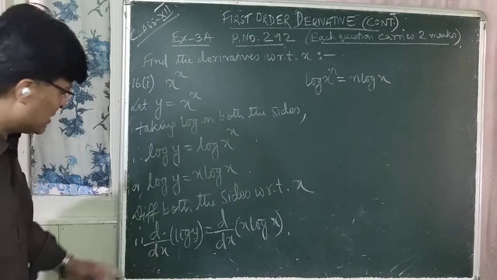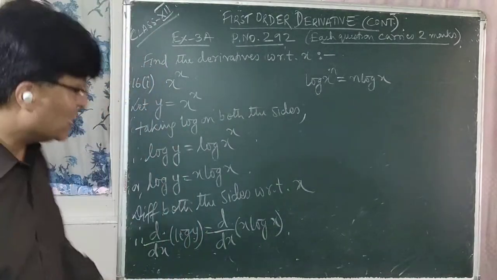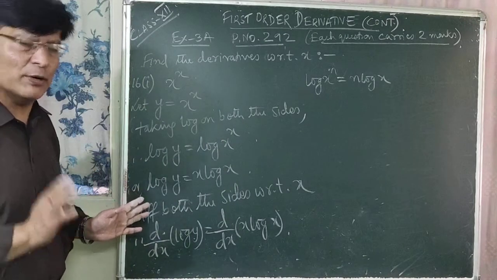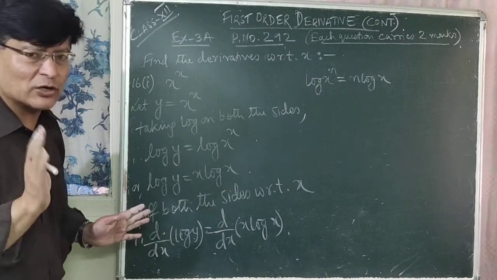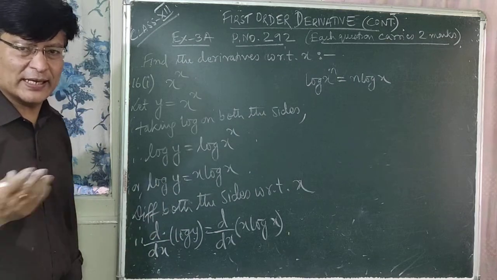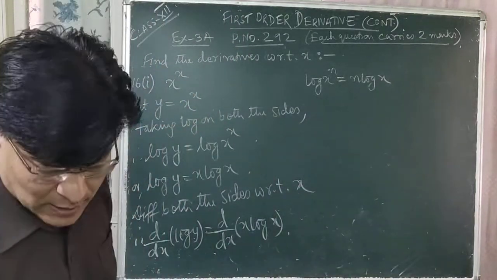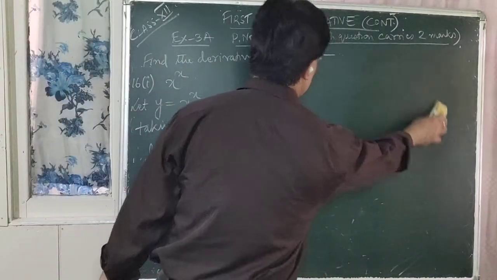No need of writing d by dx again and again, just differentiate directly. In this case also I have written d by dx, but you don't have to write it. You could have directly differentiated it, right?